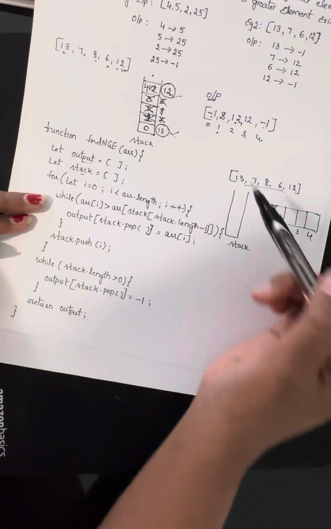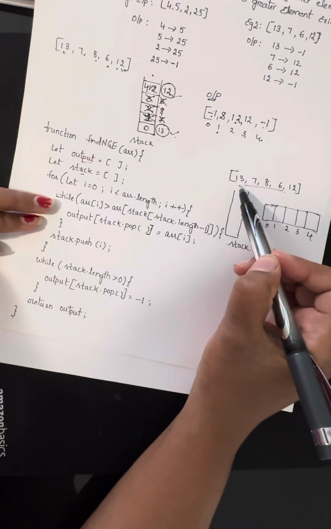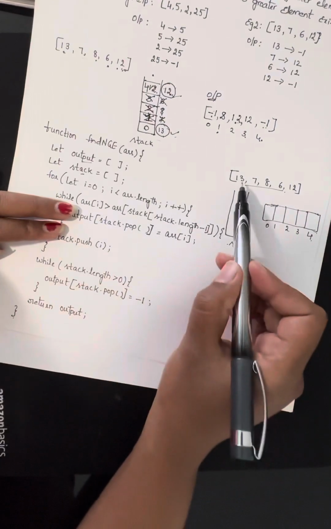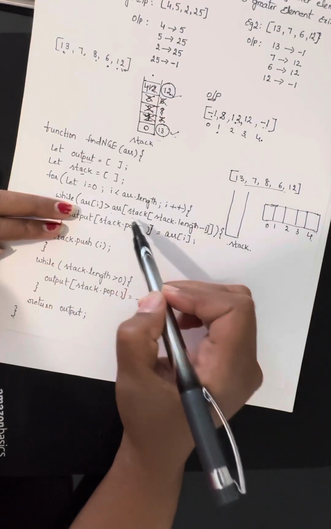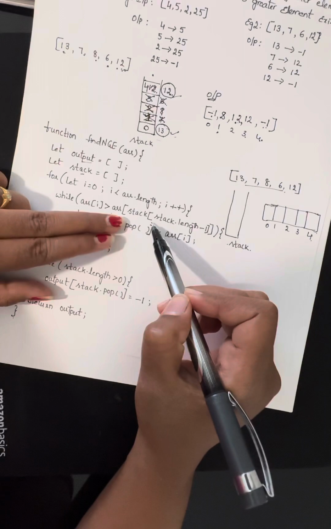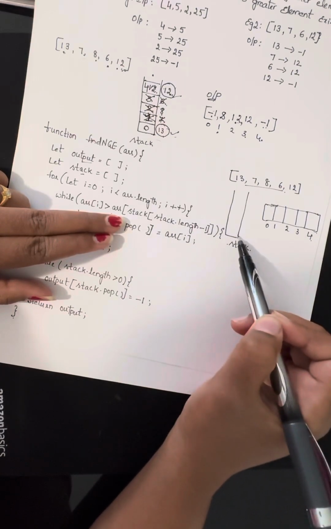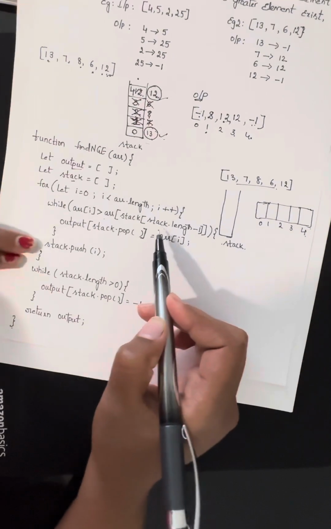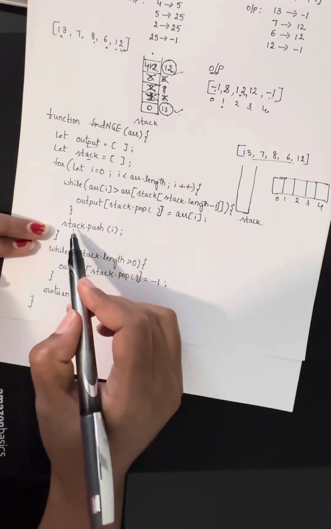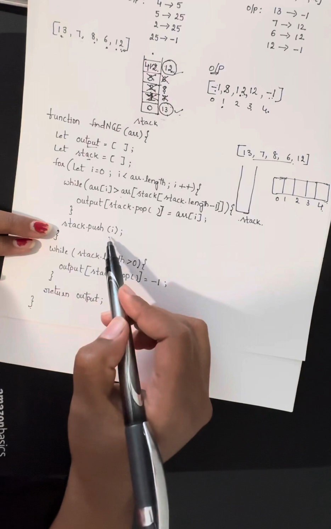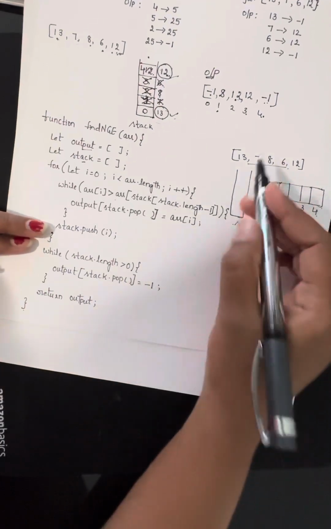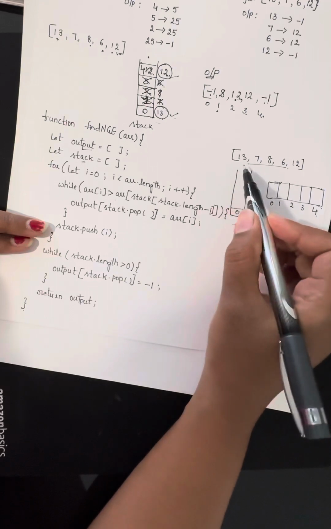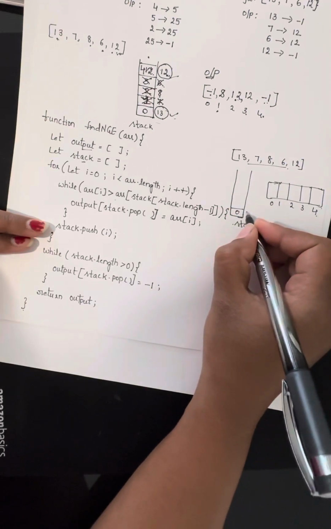It starts with the first element in the input array, and we check if array of I, which is 13, is greater than the last element in the stack. Now the stack is empty, so this while loop doesn't run. Then we just do stack.push I. So we push the index of the first element, which is 0, into the stack.